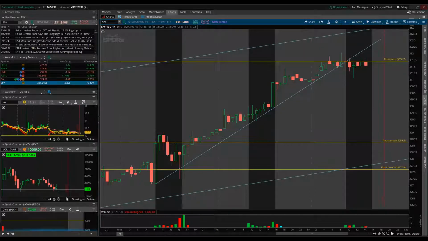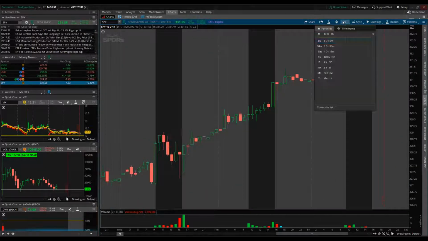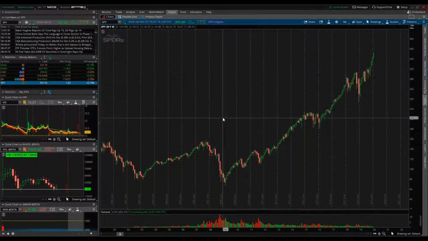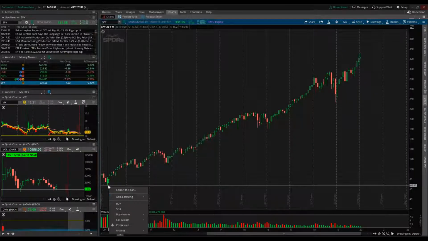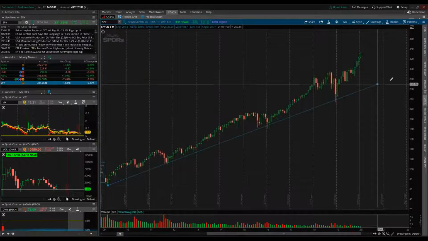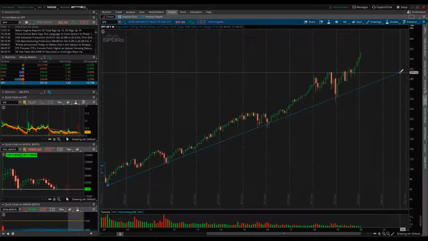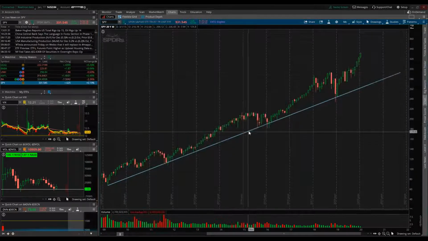Okay, well, just wanted to talk about support, resistance, and some channels. And like I said, we can look at it all on any time frame. And when you're looking at SPY, for example, if you look at, say, the monthly, you can see that it's really taking off lately. Matter of fact, this is the trend it was on for many, many years.